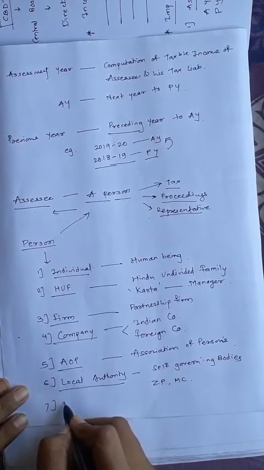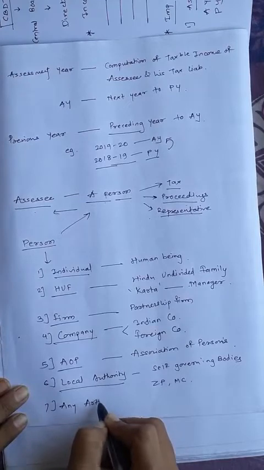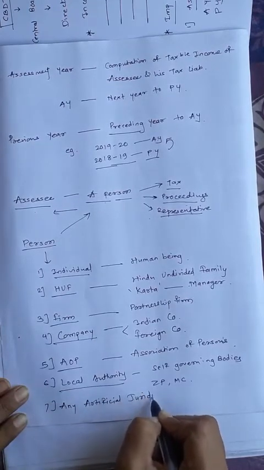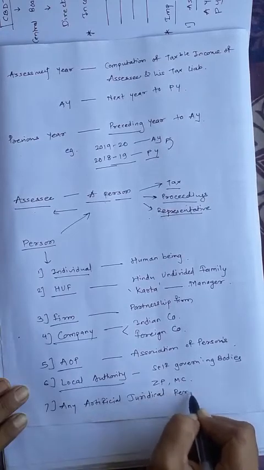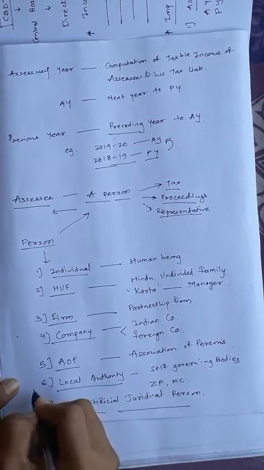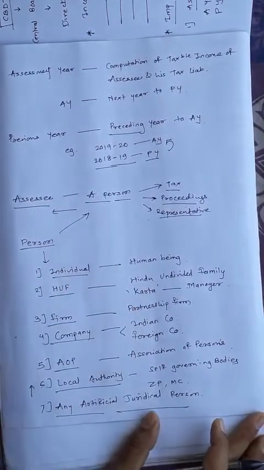And next is any artificial juridical person created by law and not falling in the above criteria, that is called as person.